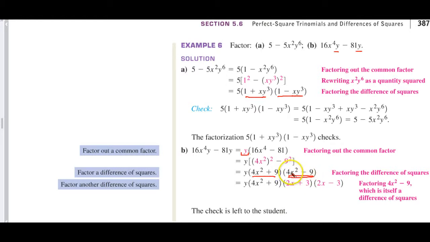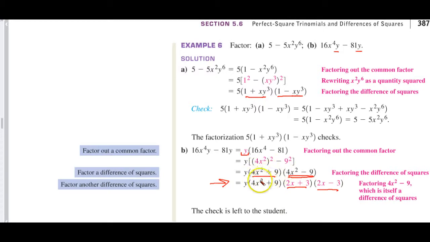That is still the difference of perfect squares and should be factored some more. This is your final answer. If you stopped here, MathLab is not going to give you credit. Okay? So you have to be careful.